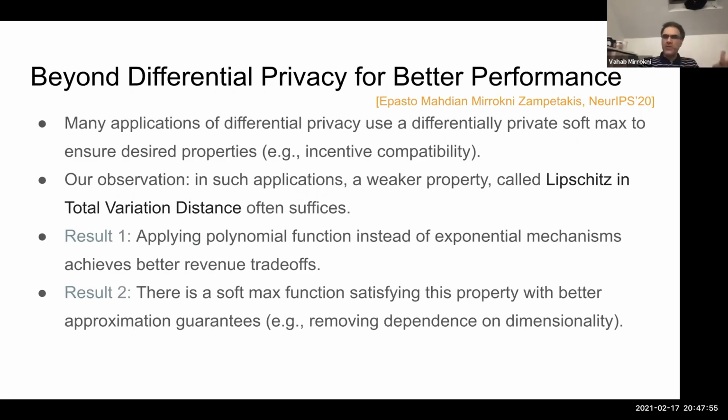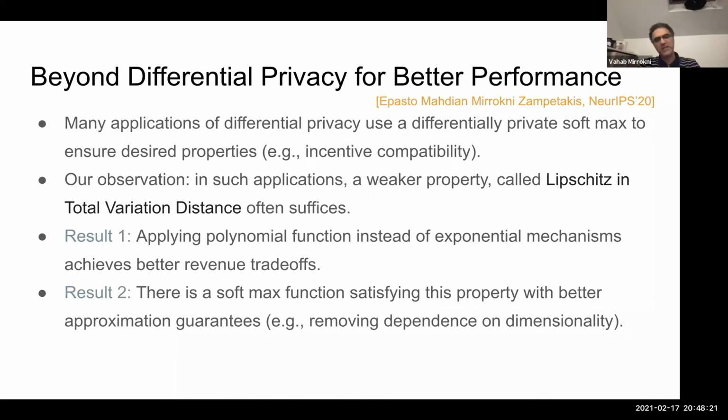In a more recent paper in NeurIPS 2020, we show that for the purpose of achieving approximate incentive compatibility, we can go beyond differential privacy. We don't actually need differential privacy to achieve incentive compatibility. For example, instead of the exponential function, if you use polynomial functions, we get better revenue trade-offs.